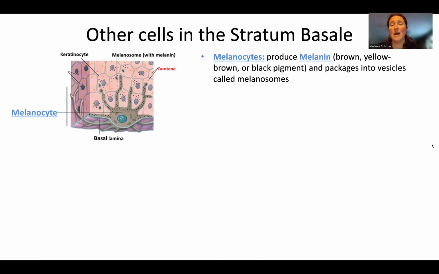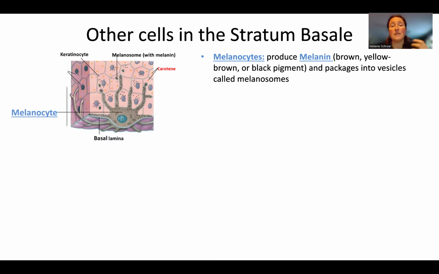Melanin is a pigment, and there's a couple different types of this pigment. Usually it is brown or yellow-brown or black, so different shades of this melanin determined genetically and also determined by how much you've been out in the sun. Okay, like at least how much is made.